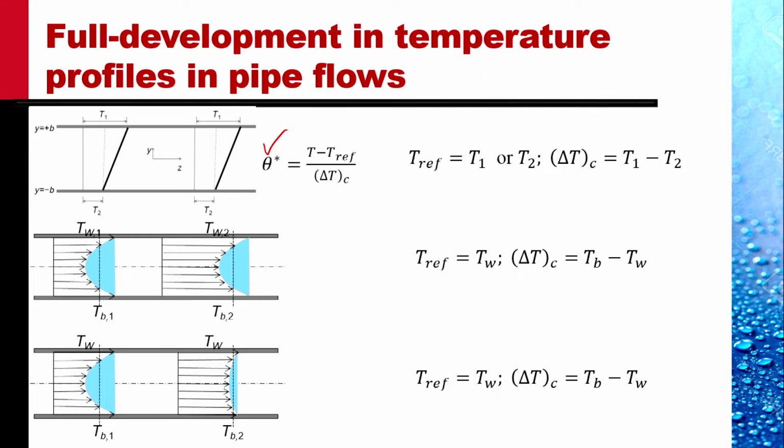Here again, T reference is T wall and the characteristic temperature difference is the local bulk temperature minus the local wall temperature. Tb as well as Tw are functions of Z, and then theta star defined here is invariant in this case as well.